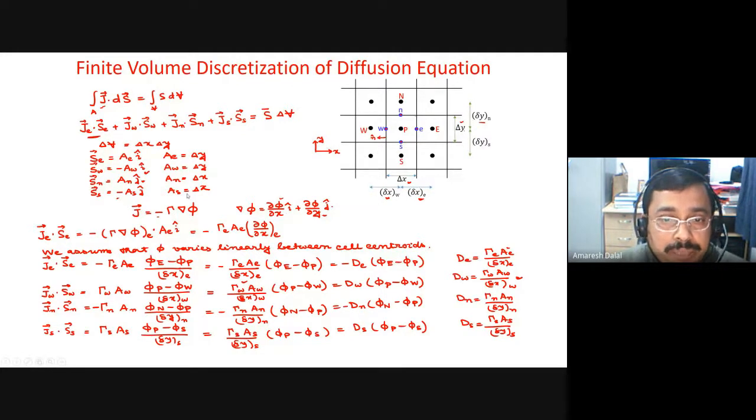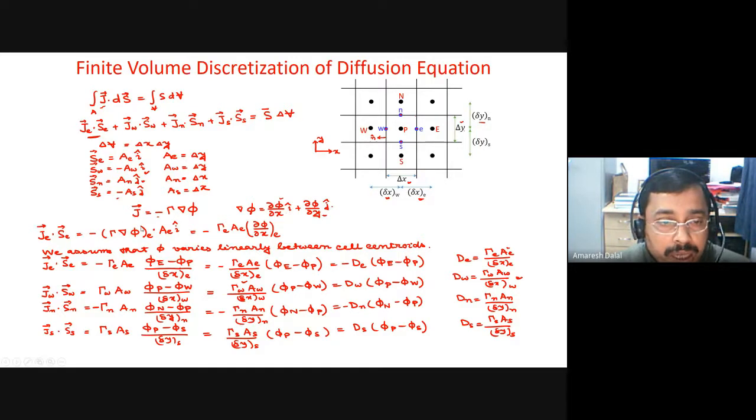Now first let us find what Je dot Ae is, then similarly we can find the other face fluxes. When we consider Je dot Ae, this quantity J at the east face is dotted with the surface vector Ae, where Ae is nothing but AE i, and i is the unit normal in the x direction.